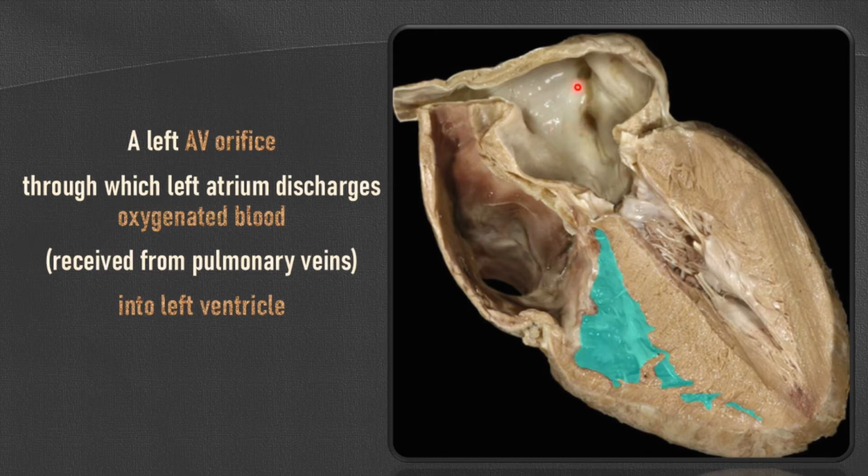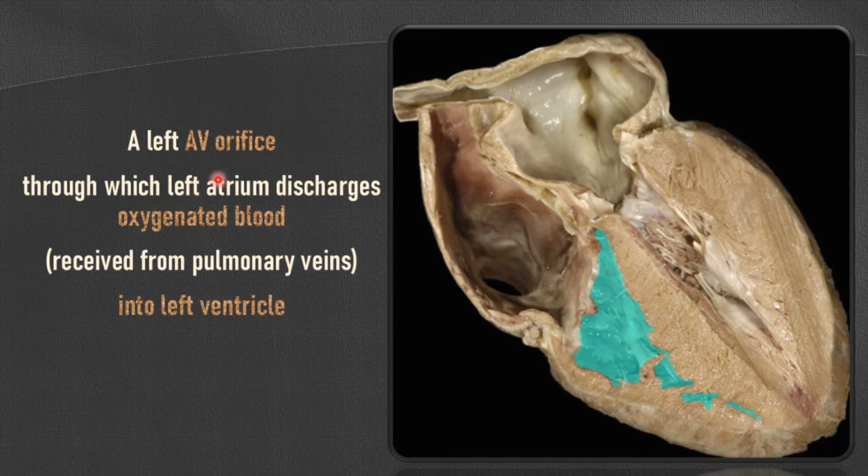So this oxygenated blood reaches into the left atrium, and then through this left AV orifice, the blood enters into the left ventricle, and then from the left ventricle it will go up. There is an opening for the arch of aorta, that is the aortic valve, and then it leaves the left side of the heart.